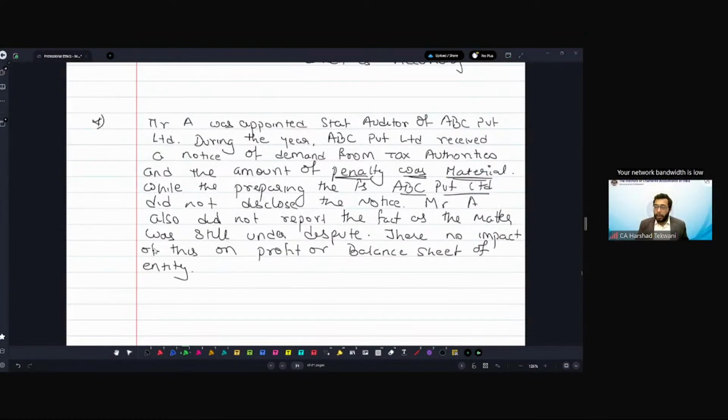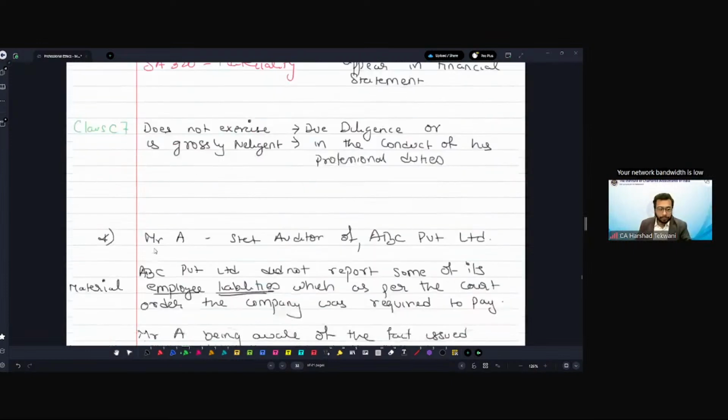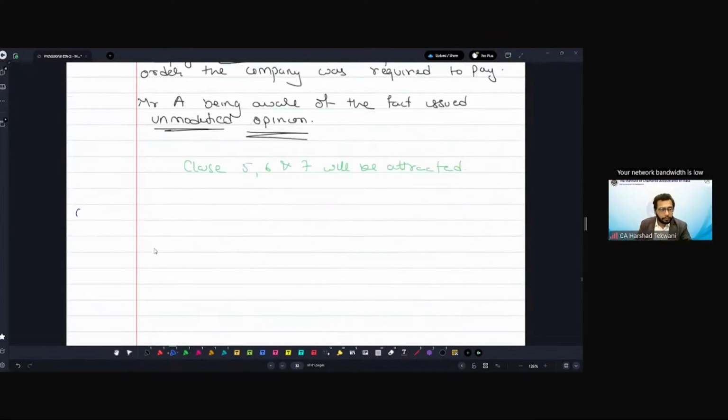Now coming to clause number 8. Clause 8, again, somewhat related to clause 5, 6, and 7. How? I'll show you.